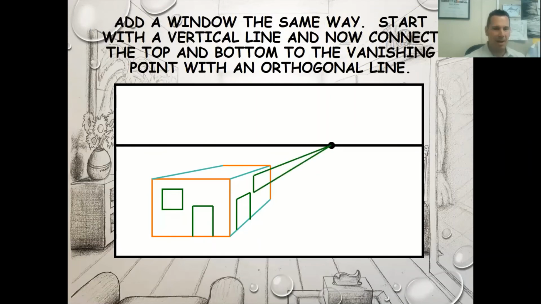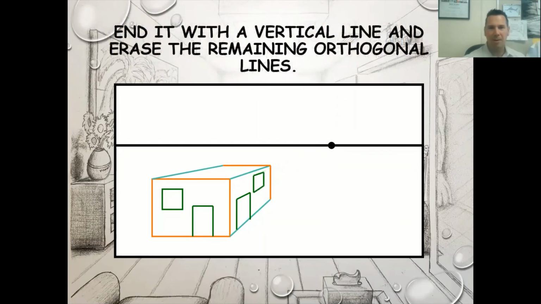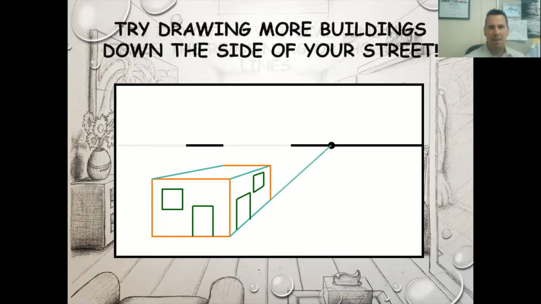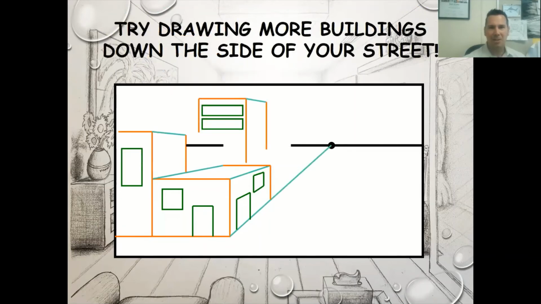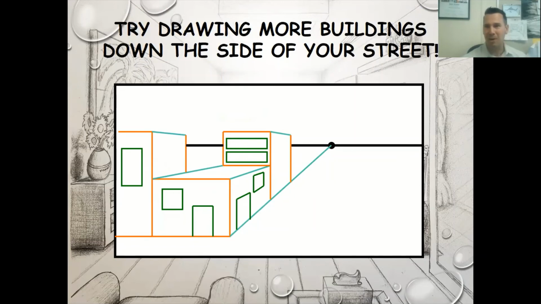All right, you can add another window or door, complete that, and watch this. Maybe you want to add, why not just try this? Why not? We're just practicing today, so try drawing more buildings down the side of that side of the street.